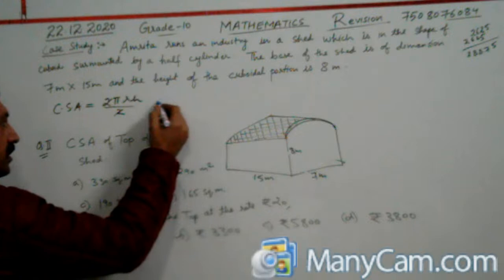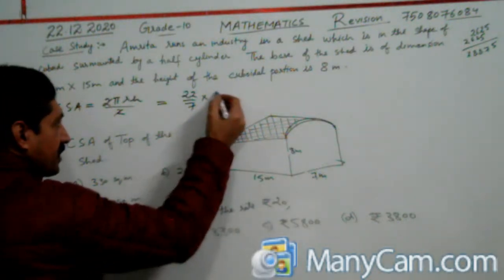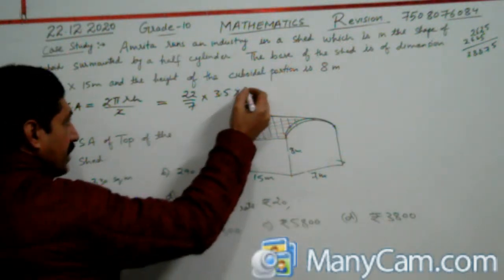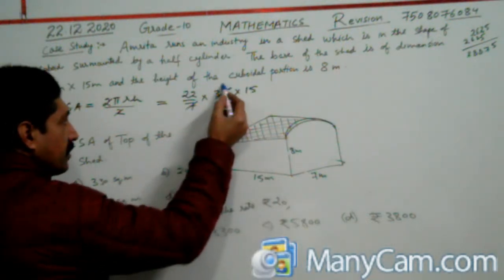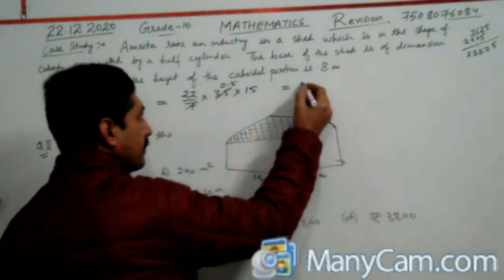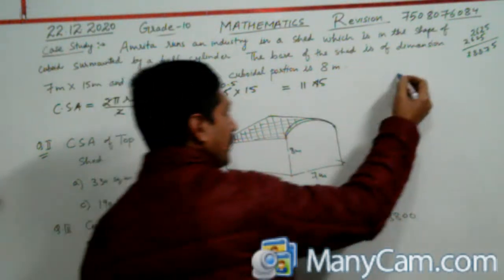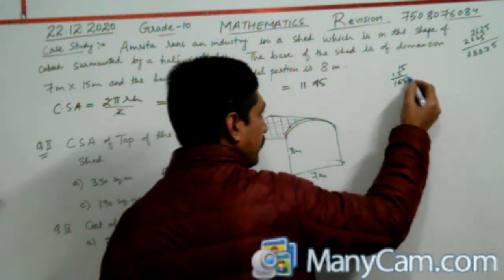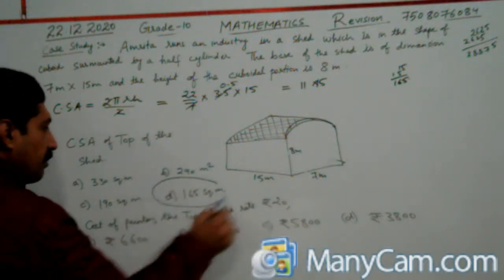So it is pi, 22 upon 7, radius that is 3.5, and h is 15 meter. 7 ones are 7, that is 0.5, 0.5 into 22 is 11, 11 into 15. So 15 ones are 15, right? So it is 165. So this is the right answer. D part is the right answer.